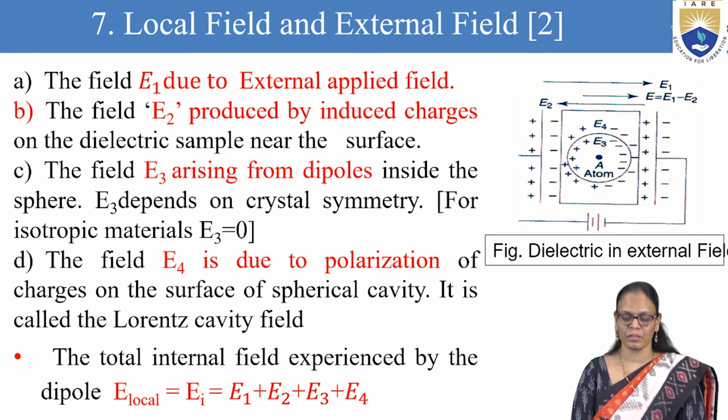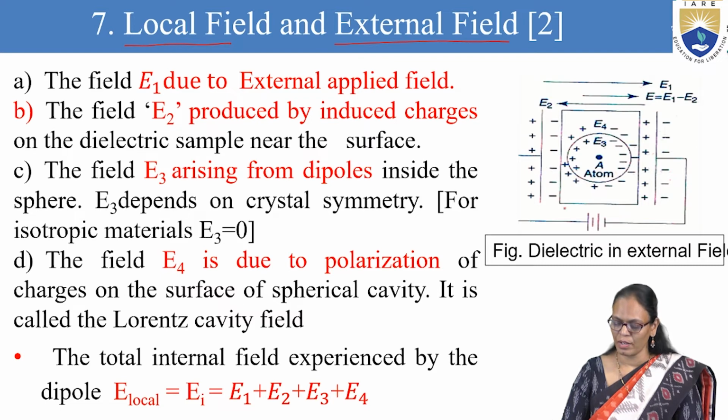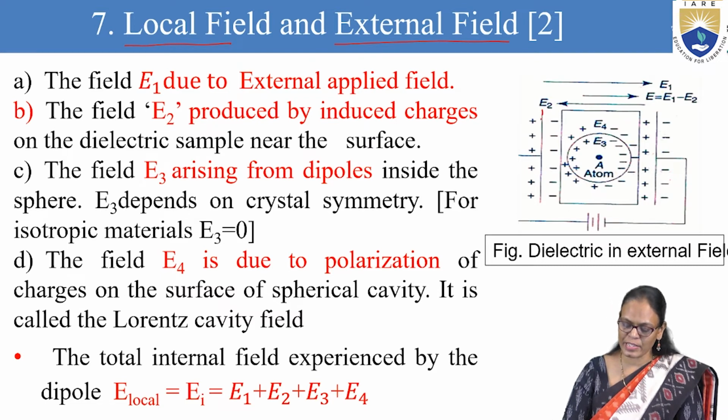Now explain what is local field and external field. So we have to explain about the local field and external field. If you look at the figure here, we have a field that is applied. How are we applying this field? We have taken an external supply, positive and negative.